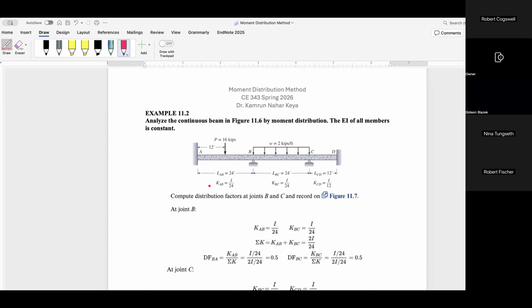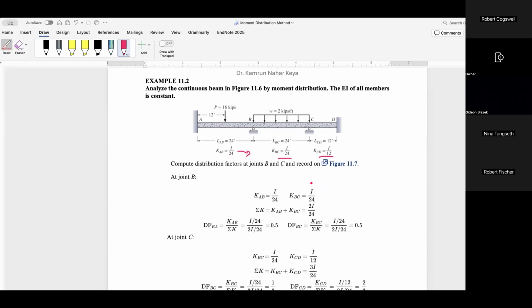If I'm not giving you the stiffness value, you still know how to compute the stiffness for each part: I divided by the length of that bar. Because it's an example from the book, everything was there. So KAB stiffness, KBC stiffness, KCD stiffness, you have to compute them.